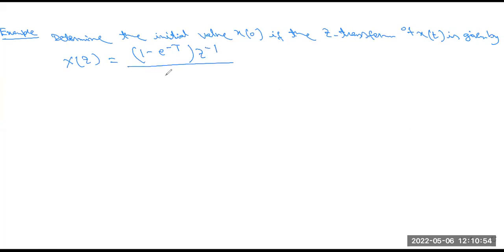over 1 minus z inverse, into 1 minus e to the power minus T z inverse. So this type of problem will be given, and you have to solve it using the initial value theorem.